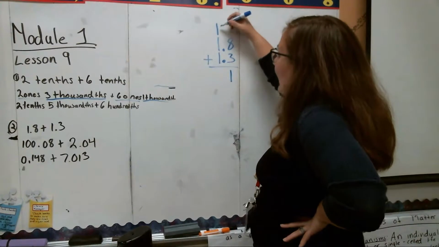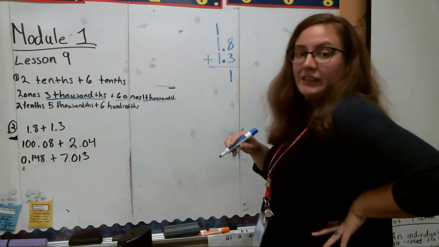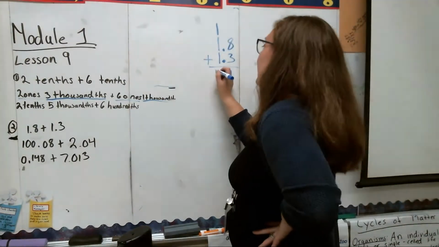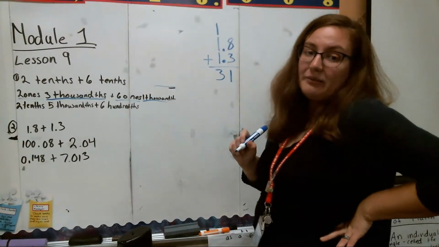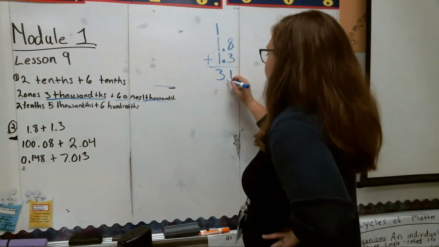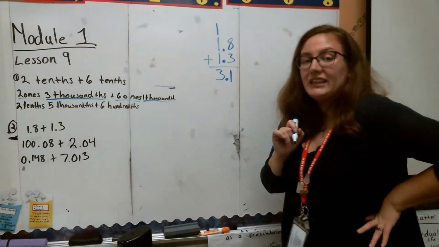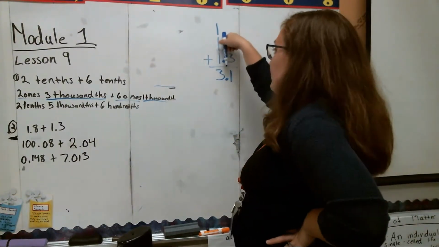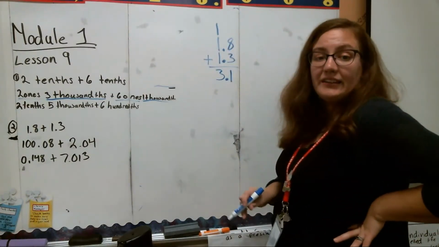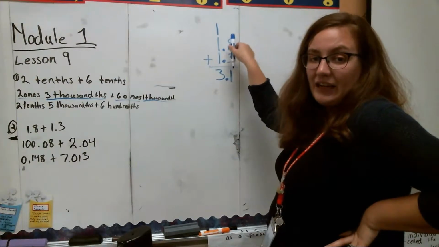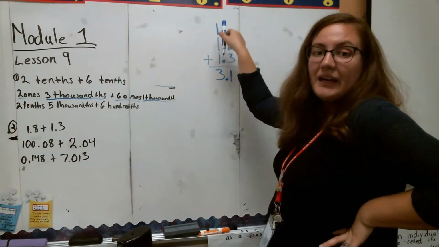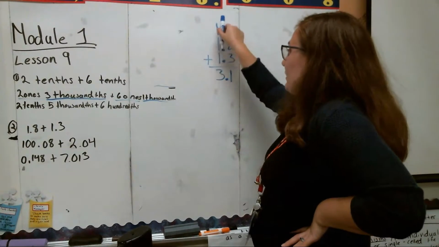And then I have 1 plus 1 plus 1, and that gives me 3. But remember, my answer is not 31. That wouldn't make any sense. My answer is going to be 3 and 1 tenth. My decimal can just come straight down in this problem, and everything will just be nice and lined up. So again, all my tenths are lined up, my decimal is lined up, and my ones are lined up.